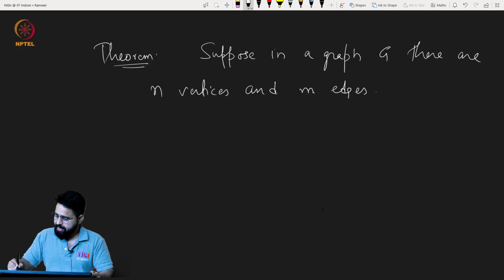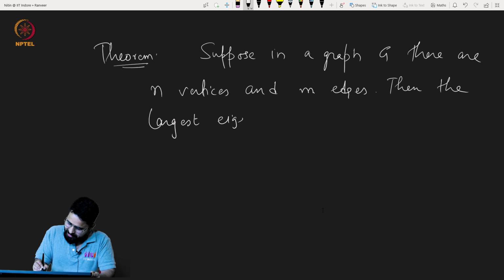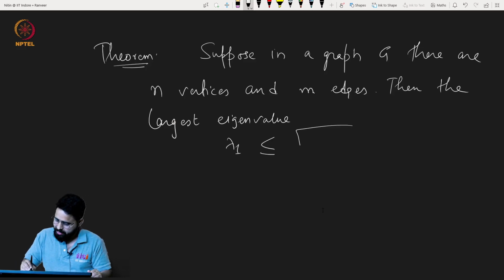Then the largest eigenvalue, lambda 1, is always less than or equal to square root of 2m(n minus 1) divided by n.